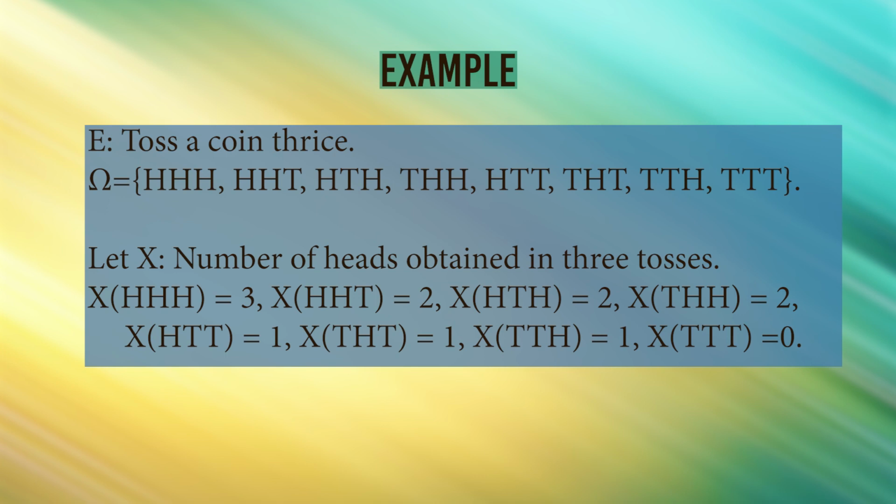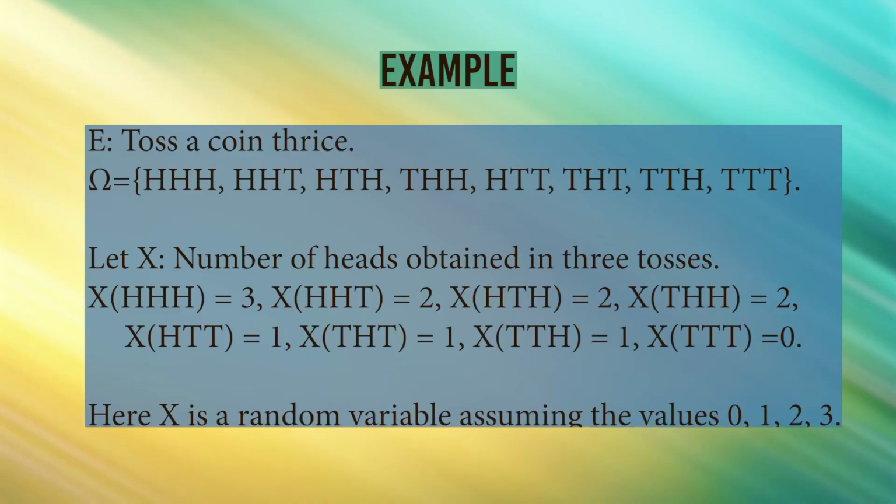Similarly, x will take up the value 1 for other 3 outcomes, and when the outcome is TTT, then x will take up the value 0. So you can see that for each possible outcome in the sample space, x is taking up a real number. So that is why x is a real valued function, a random variable is a real valued function defined on the sample space. In particular, in this example, x takes up the values 0, 1, 2 and 3.